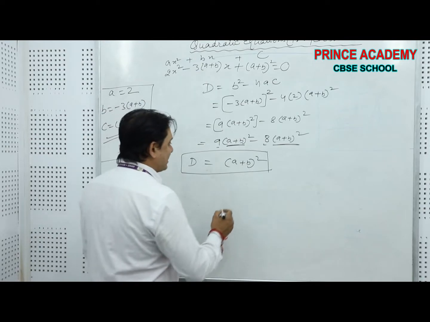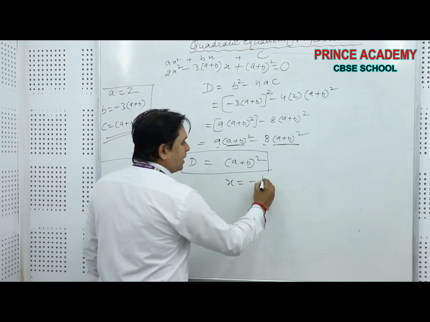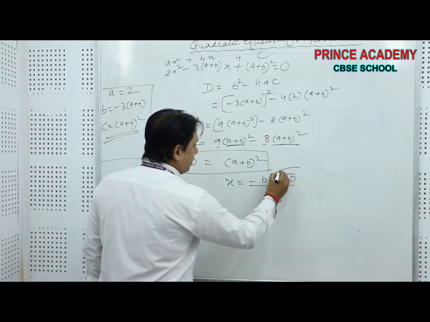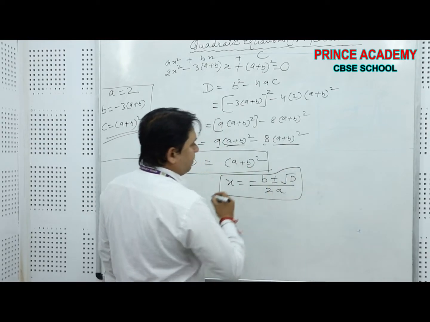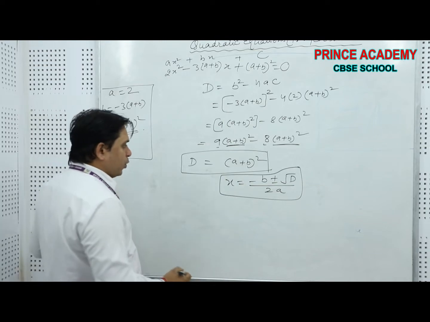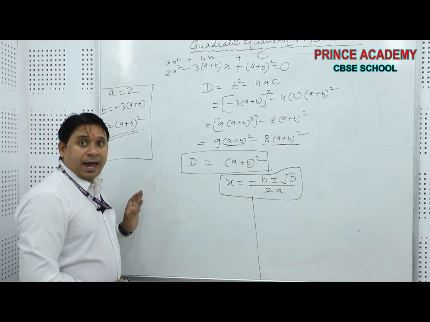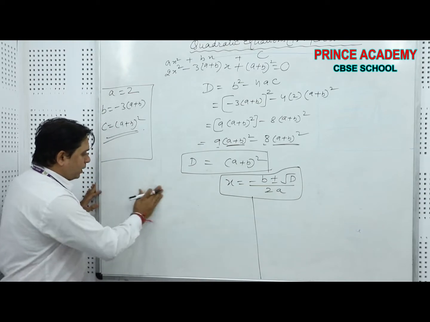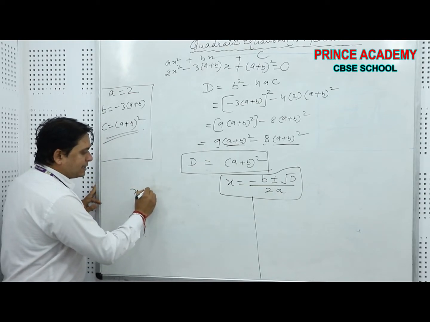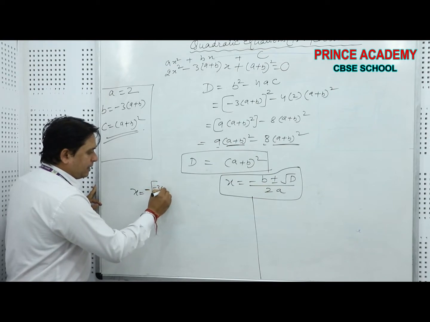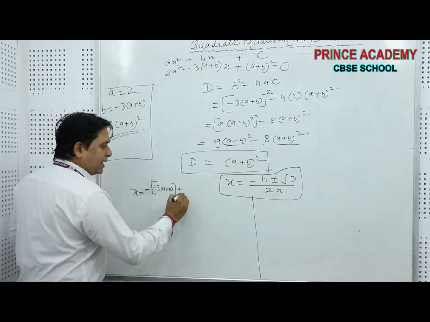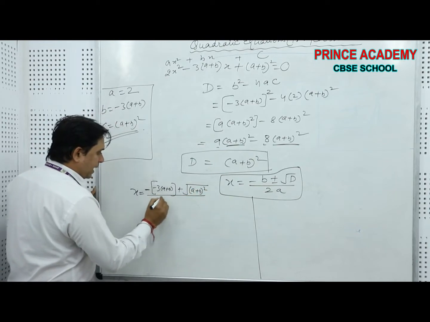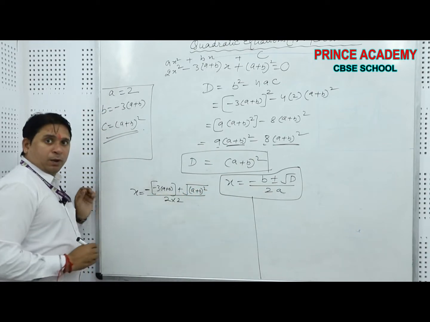And what is x? Minus b plus minus root d by 2a. So x is equal to minus b plus root d by 2a.